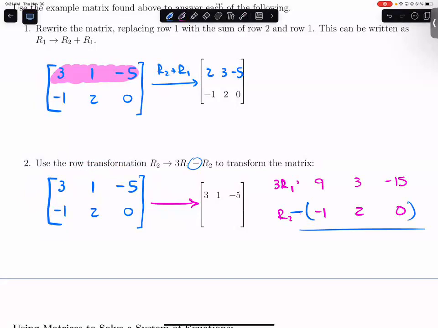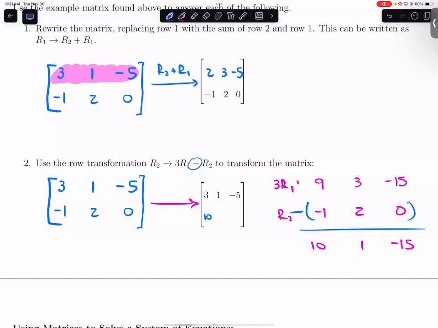So again, I'm just doing some scratch work on the side so that I'm not trying to keep too many things in my head at the same time and make some goofy arithmetic mistake somewhere. So row 1 times 3 minus row 2. 9 minus -1, 3 minus 2, and -15 minus 0.